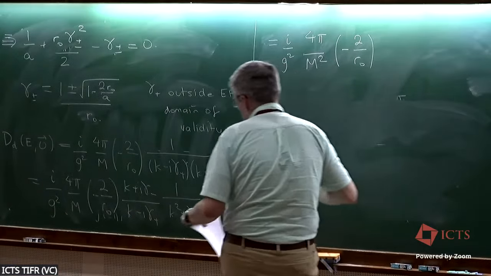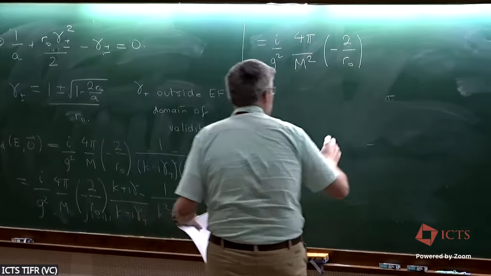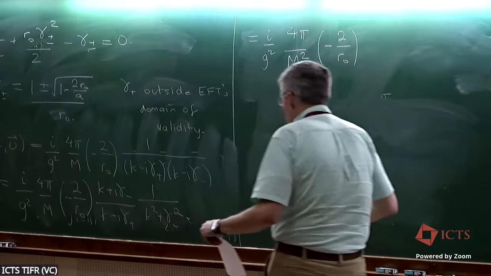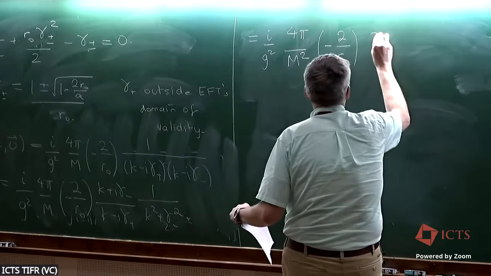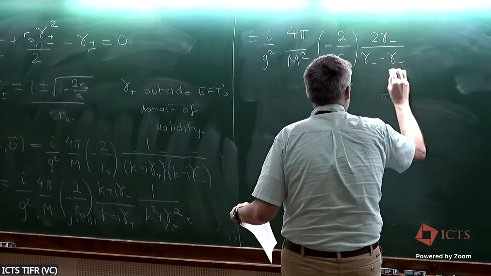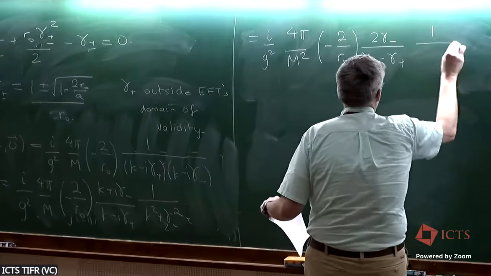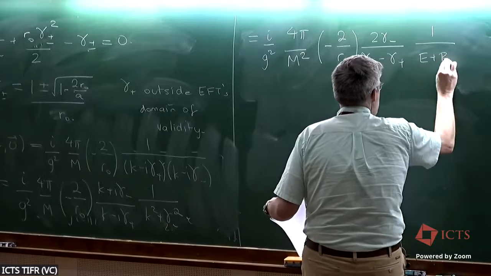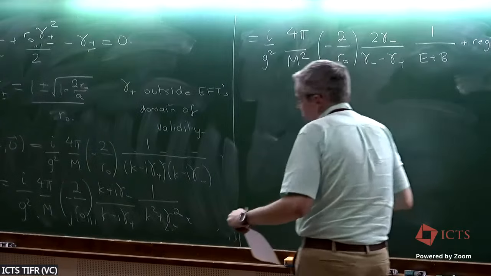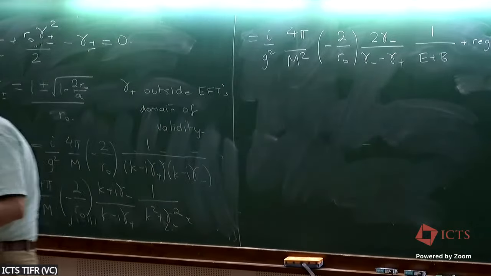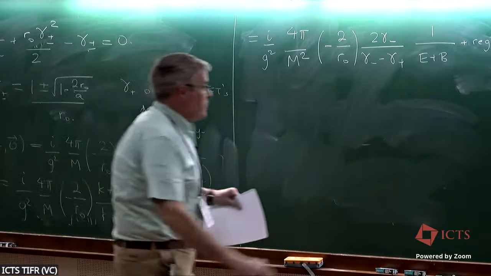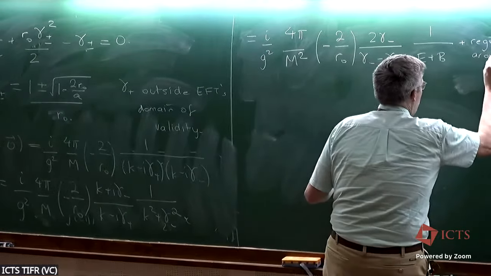And then what I'm going to do here is evaluate this at the pole at i gamma minus. So I get 2 gamma minus over gamma minus minus gamma plus, and then I get 1 over E plus B. Everything else is regular because I've made my Laurent series around the bound state pole. It's not regular all the way out, but it's regular around the pole.